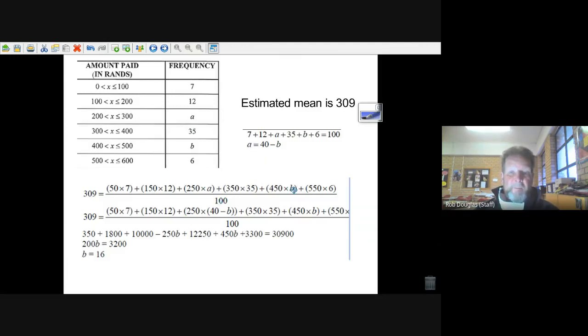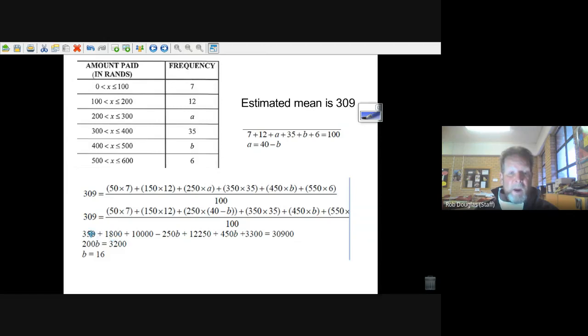Instead of A, we can write down 40 minus B. So instead of 250 times A, we get 250 times (40 minus B). Well, we multiply out all these numbers and we put together all the B's and we'll get 200B, 450 minus 250.